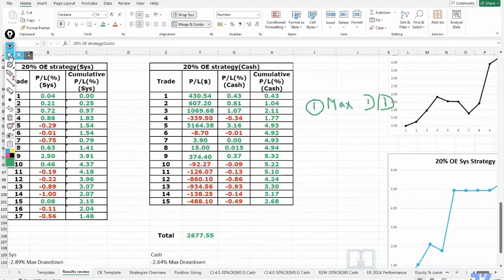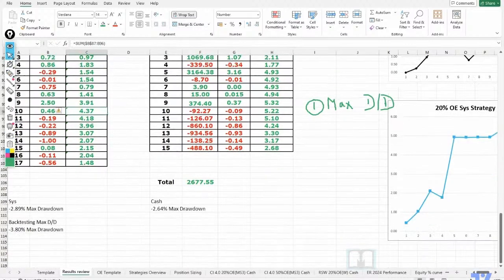Let's break it down. In terms of our 20% OE figures, let me scroll down a little bit. On our 20% OE strategy, which is on the 100K account, you can see there is about 2.89 maximum drawdown at the moment in the system, right?